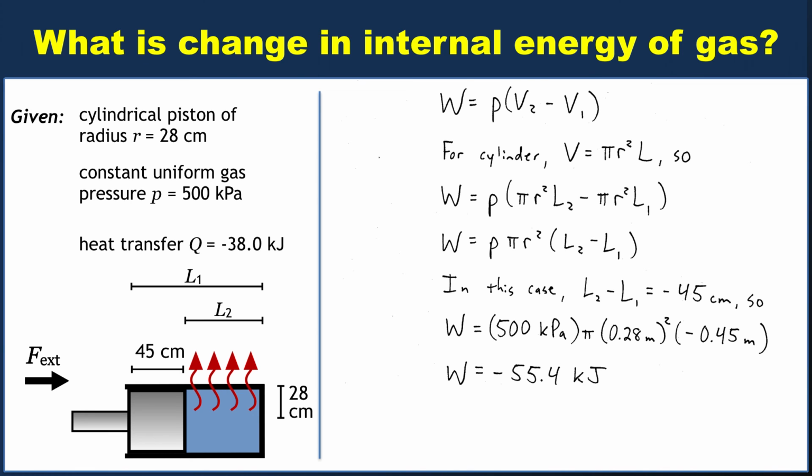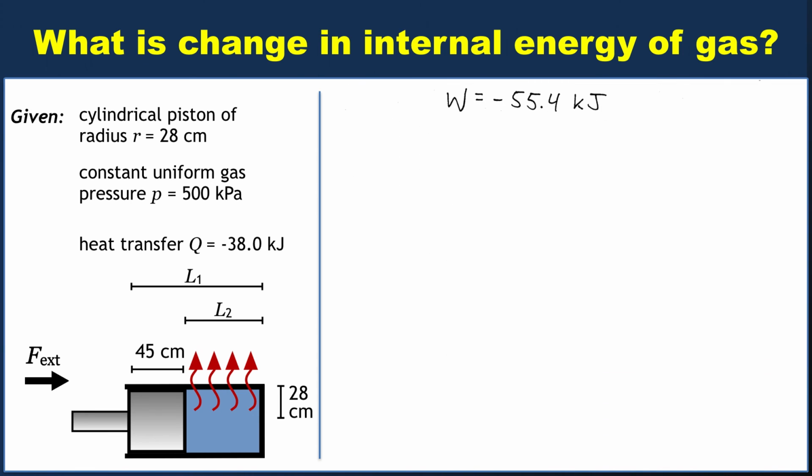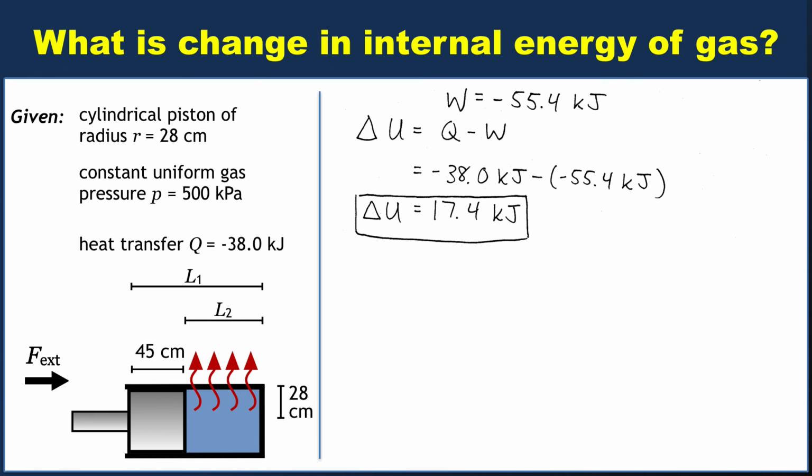Now we have to combine this work value with the heat transfer to see if the internal energy went up or down. It's not immediately obvious until you compare the two numbers. So going back to our expression of delta U equals Q minus W, we plug in Q is minus 38 kilojoules. We found that the work is minus 55.4, but the conservation of energy has a minus sign in front of that, so the change in internal energy of our system is 17.4 kilojoules.